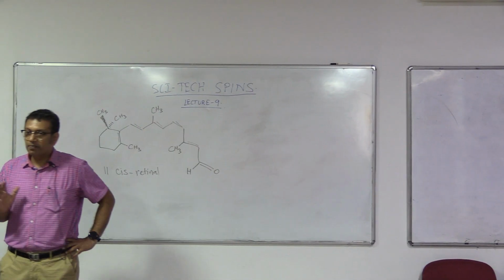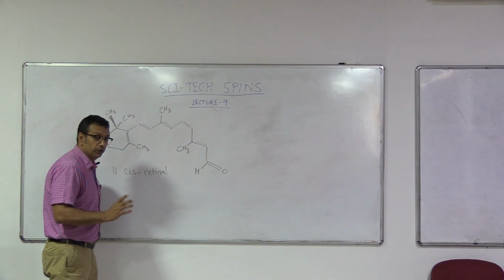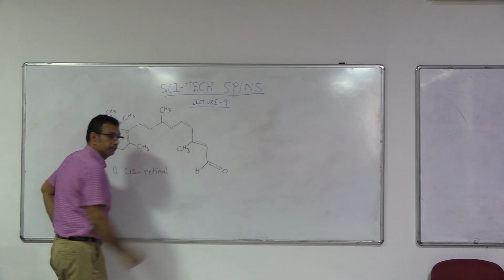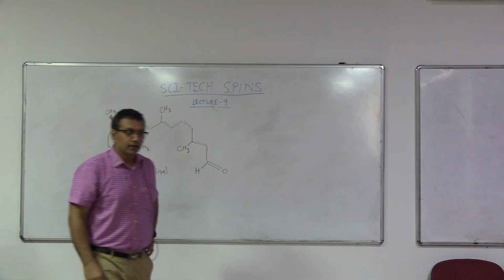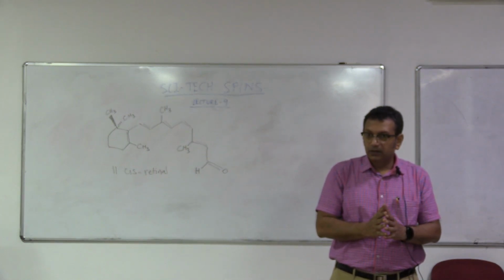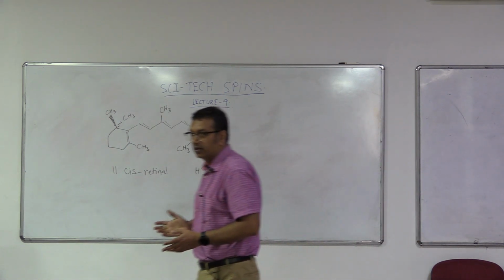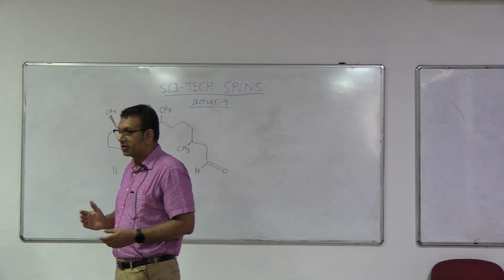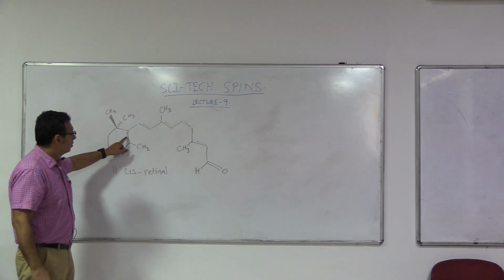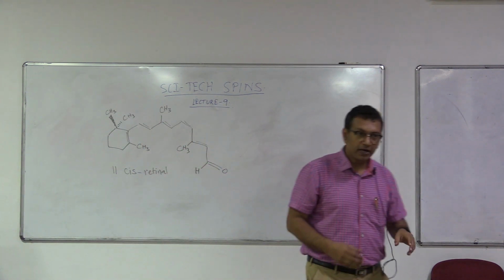The most important part over here, if you look at this, is these double bonds. The double bonds over here are conjugated. What do you mean by conjugated? One after the other. I'm not sure if you've learned pi-orbital bonding.